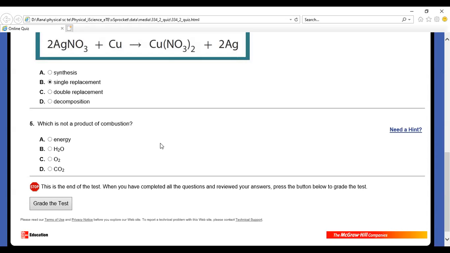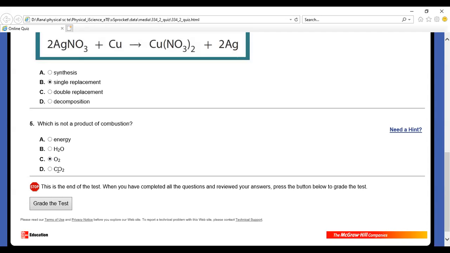C. Because combustion reaction is the reaction with oxygen that always produces carbon dioxide, water vapor, and energy. So energy, water vapor, and carbon dioxide are the products of any combustion reaction. You get the idea?